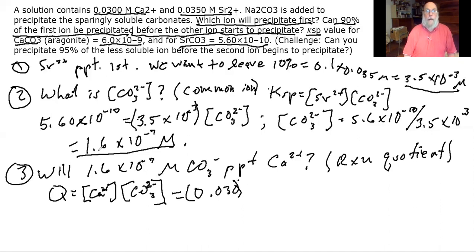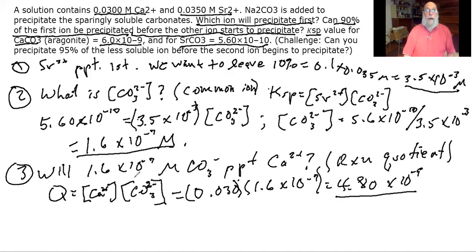And we just figured out our carbonate concentration, 1.6 times 10 to the minus 7 molar. And that equals 4.8 times 10 to the minus 9.